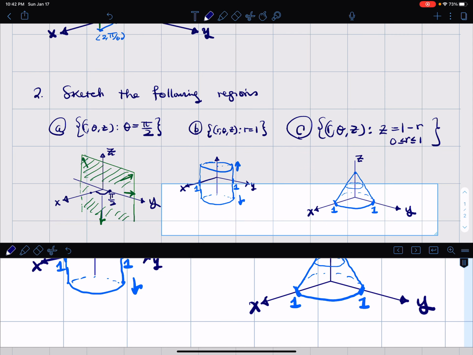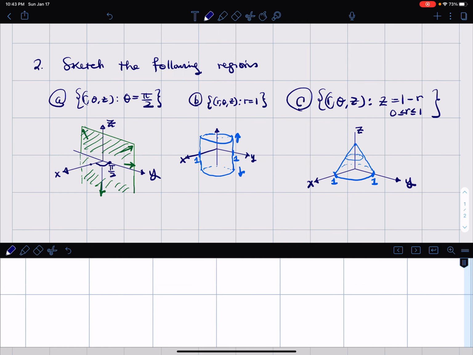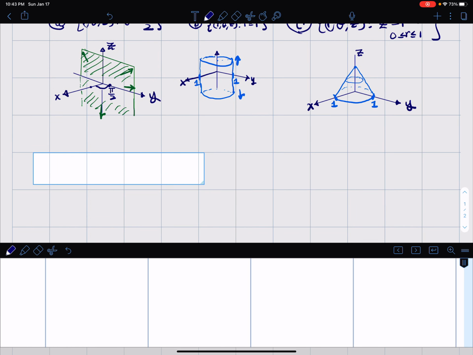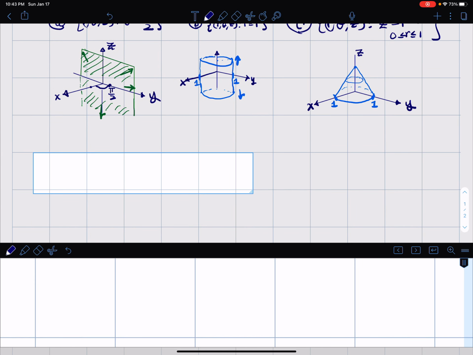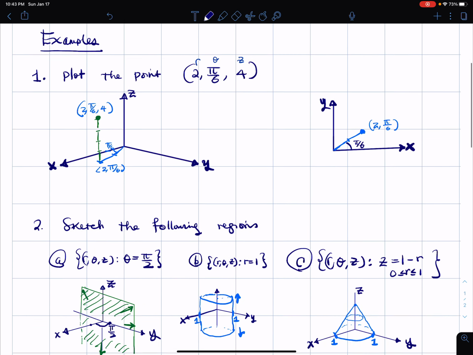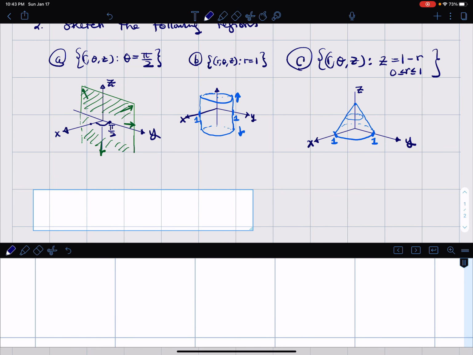All right, now let's do some triple integral examples. Call this example 3.